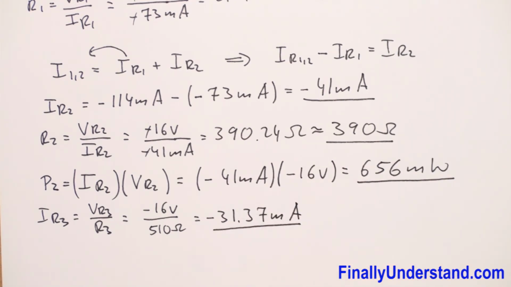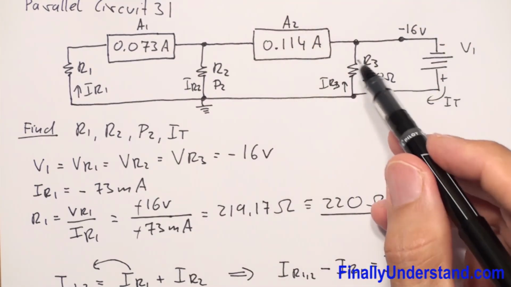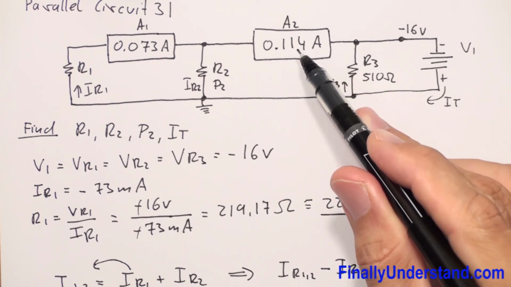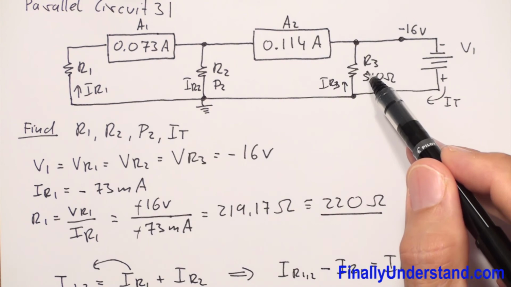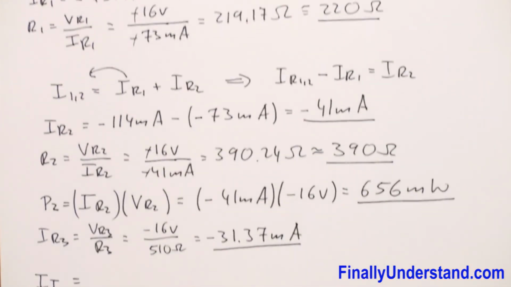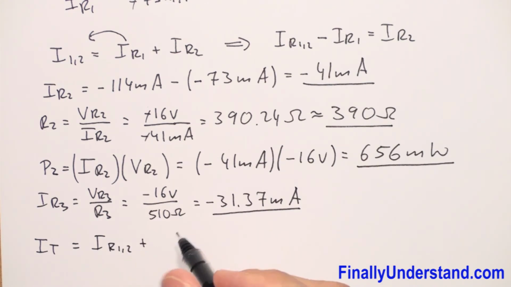Okay, so if we want to find I total, simply write I total is equal to the sum of these two currents, I12 plus IR3. So I write IR12 plus IR3.